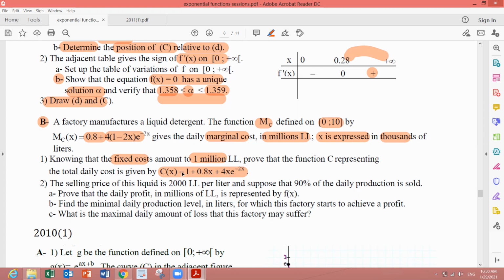So if we prove that the derivative of C equal to the marginal cost, then this is the total cost. We have to prove that the derivative of the total cost is equal to the marginal cost. Is it clear? The marginal cost is the derivative of the total cost.